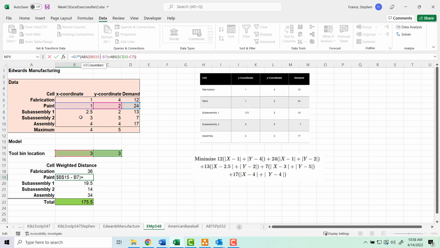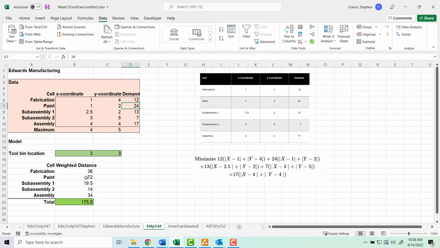Again, it's the difference between 1 and 3 and 2 and 3. 2 plus 1 is 3. Multiply by the demand of 24, and we get 3 times 24 is 72. Then we sum all of these distance times demand values, and we set the tool bin location to minimize this value.